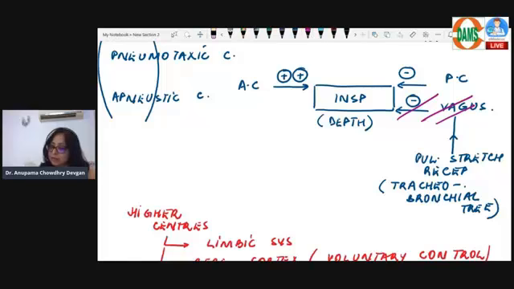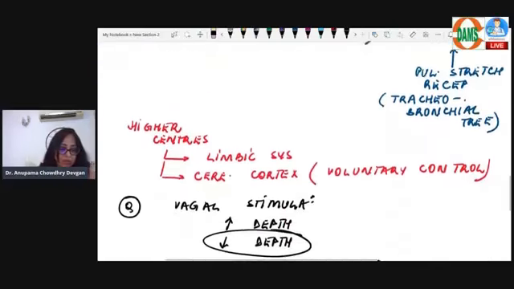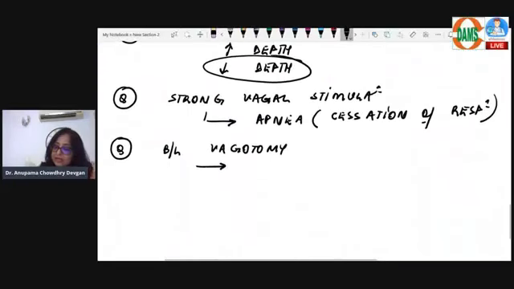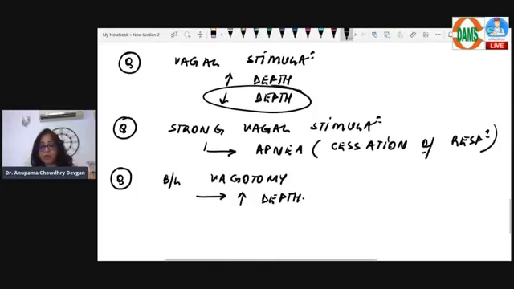If 1 inhibitory influence is removed, what will happen to the depth of inspiration? The depth of inspiration will increase, right? So 3 important questions. Vagal stimulation will decrease the depth. A strong vagal stimulation can cause a cessation of respiration. A bilateral vagotomy will increase the depth.